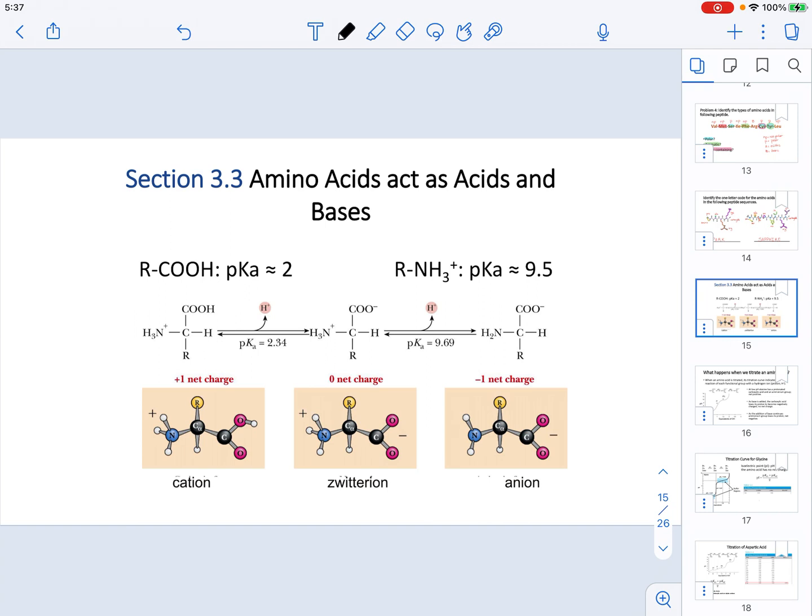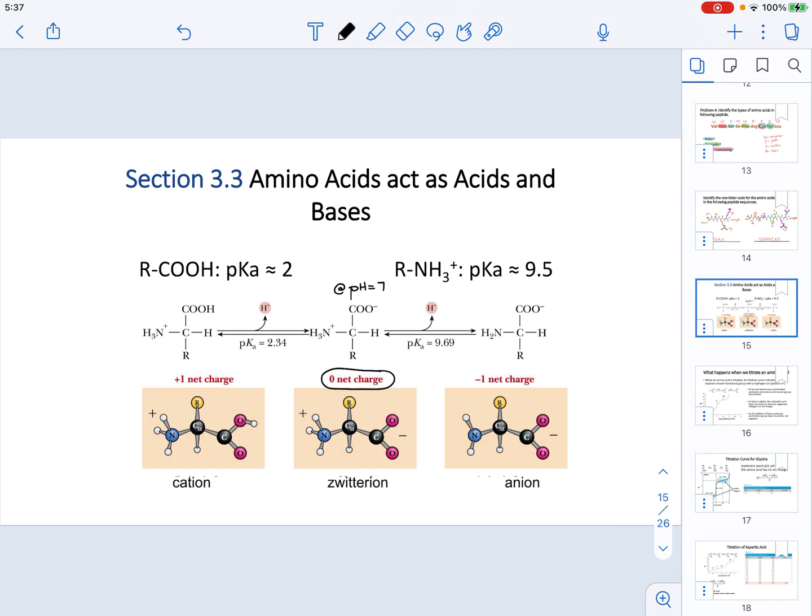Now, one of the interesting things is that when amino acids are placed under different pH conditions, they become ionized. So understand that at pH of 7, and we already learned that pH of 7 is neutral pH, one of the things that is observed is that amino acids have a 0 net charge.